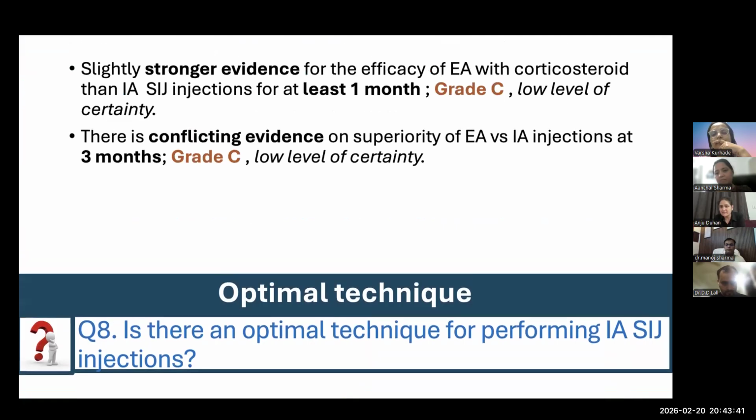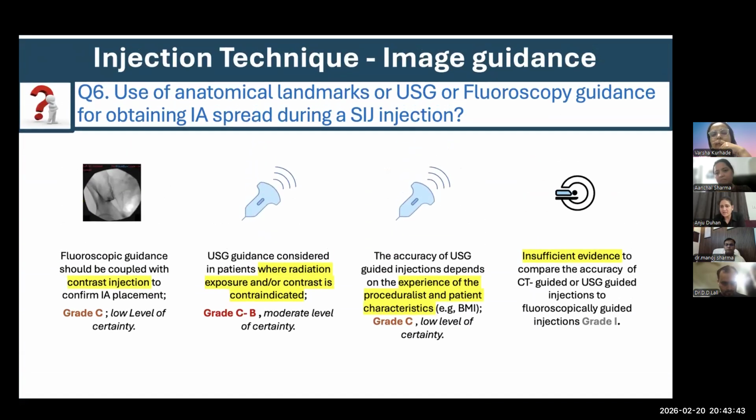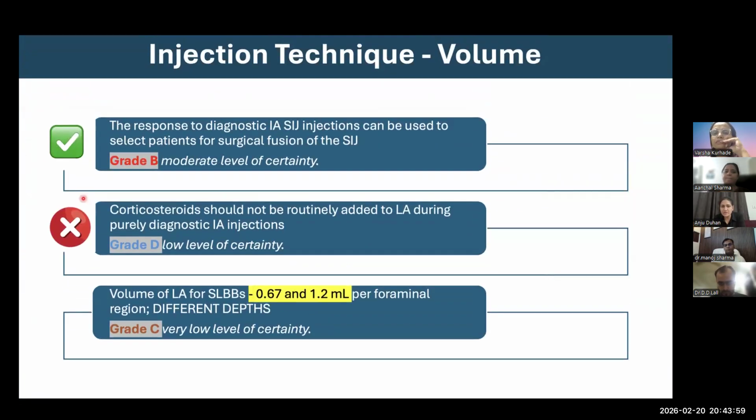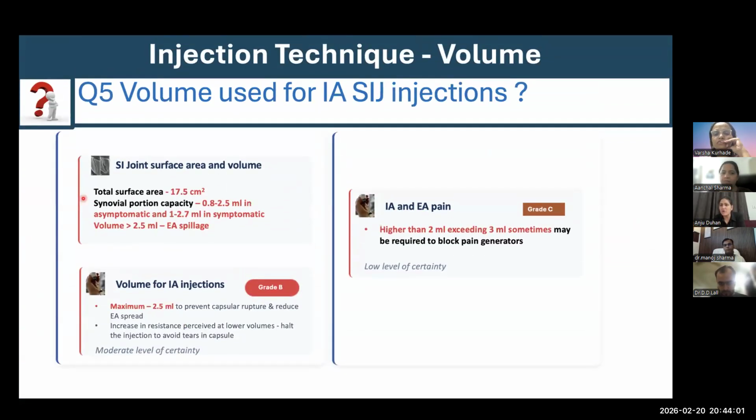But these guidelines make it clear that the sensitivity and specificity of the cluster of tests or the individual test is low. So even if these tests are not positive, or even if only two tests are positive, if based on the history our clinical suspicion is strong that it is SIJ pain, then we should go for intra-articular diagnostic injections.